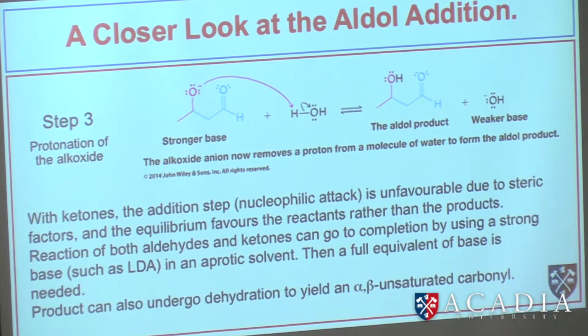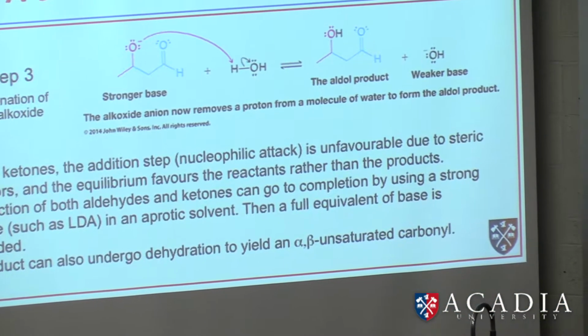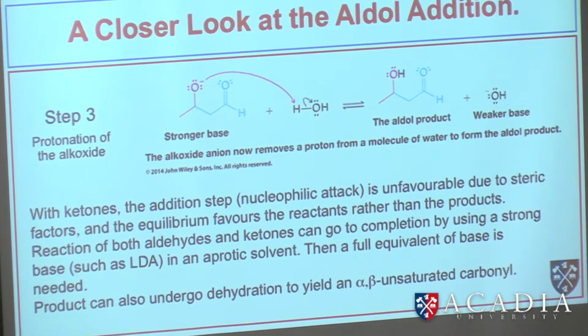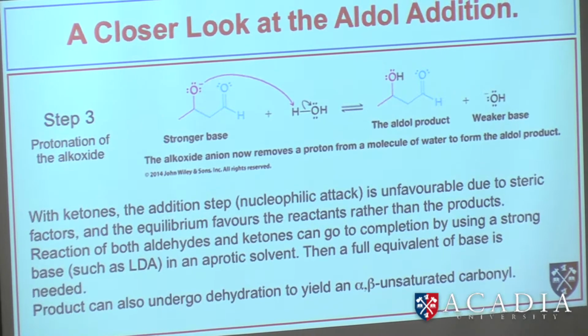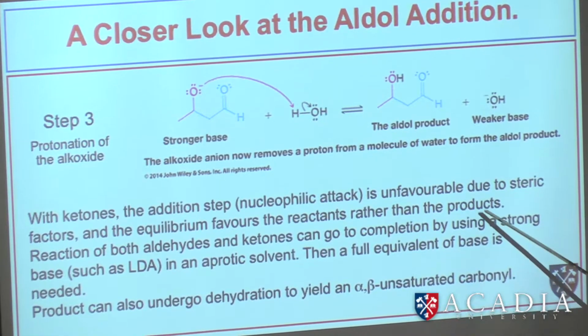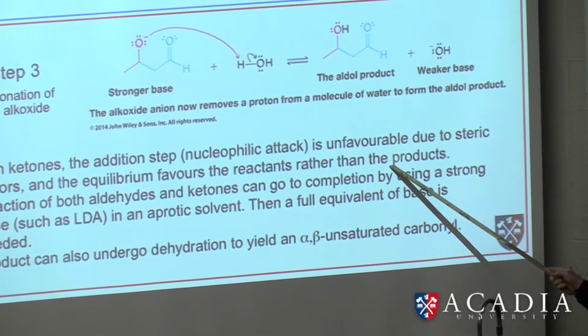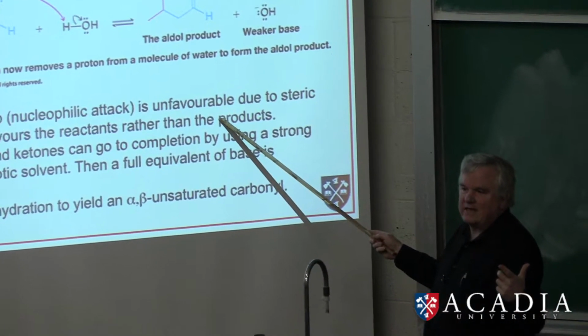And that proton is somewhat acidic, but we'll see there's another reaction that's even more favorable, which we're going to see in just a second. So with ketones, the addition step is unfavorable due to steric factors, and equilibrium favors the reactants rather than the products. We saw this reaction went in decent yield with acetaldehyde.